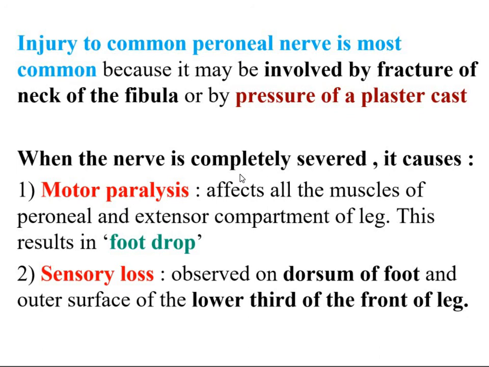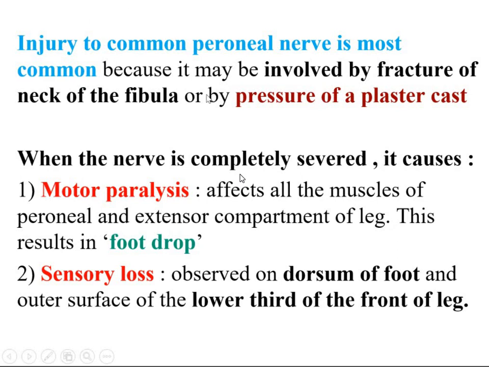So in case the fracture of neck of fibula occurs, it can directly cause injury to the common peroneal nerve, ठीक है. Or it can be compromised by the pressure caused by plaster cast. फ्रैक्चर हो गया, स्टेबलाइज करने के लिए कास्ट लगा दिया, कास्ट ज्यादा टाइटली लग गया, इम्प्रॉपरली लग गया, it will cause pressure on the common peroneal nerve.